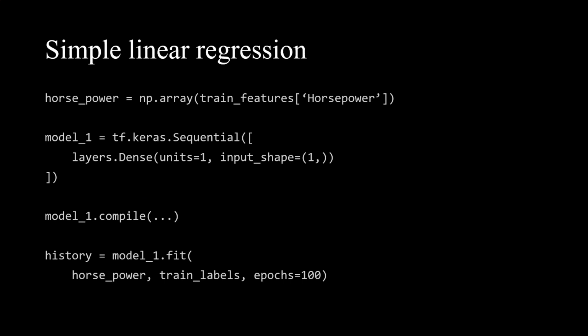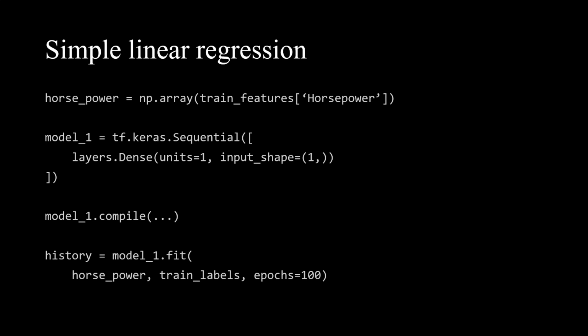This is a modified version of model 1. You can see the usual name for this model, simple linear regression. The first line is added to define the horsepower variable, which is just one column of the given train features dataset. Can you guess why this model is called simple linear regression? The reason is that there is only one x variable.